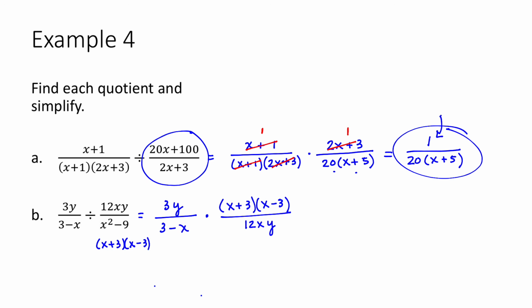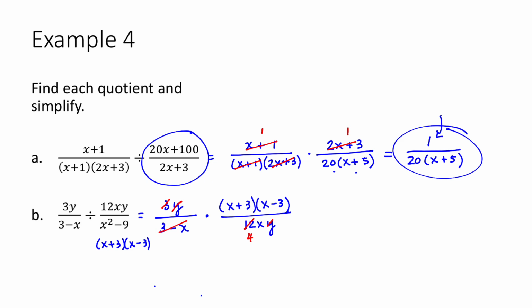All right, now it's time to cancel. So I have 3y. There's a 3 minus x, but this is a term, not a factor, so I can't do that. So this 3 can divide into 12, and it goes in 4 times. Y and y can cancel.